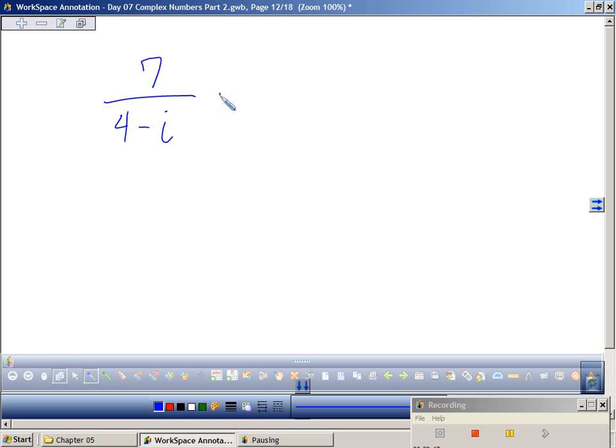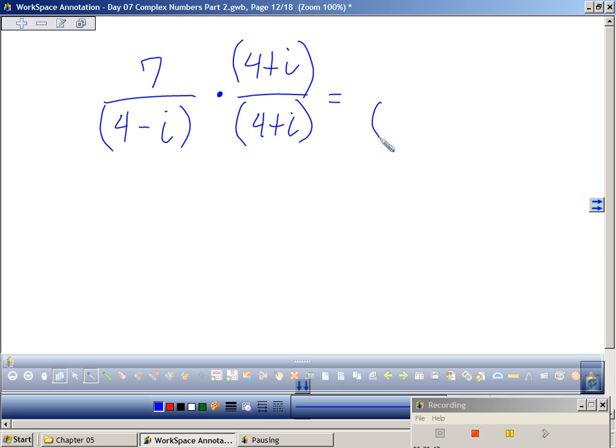We'll do this one together and then one more. What would I multiply by to get rid of that I in the denominator? 4 plus I. Difference of 2 squares. What goes inside of this one? 4. And what goes in this one?